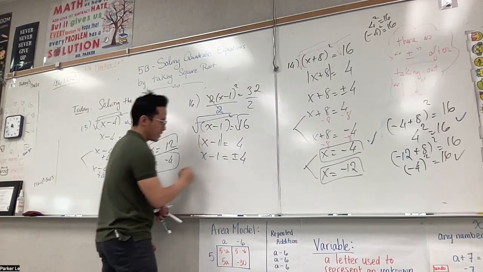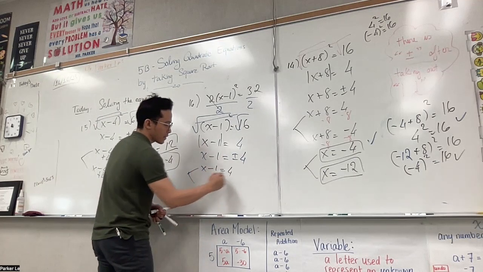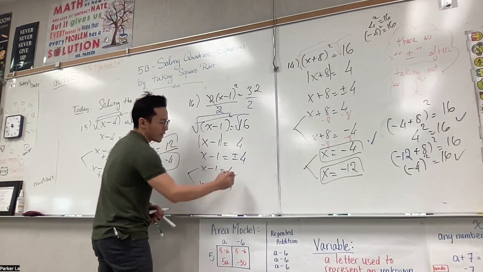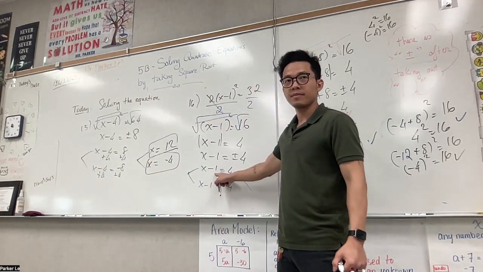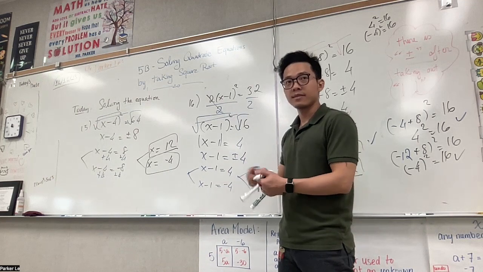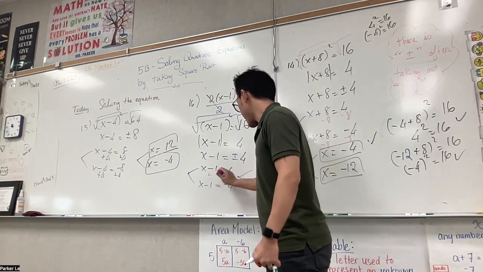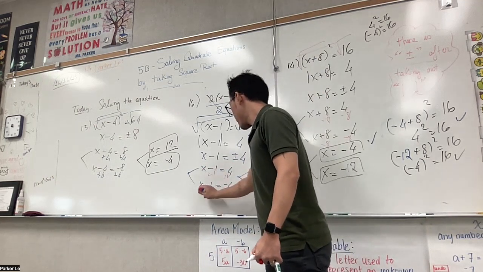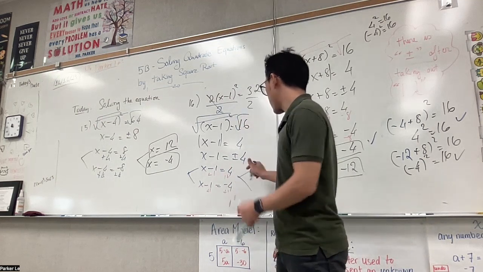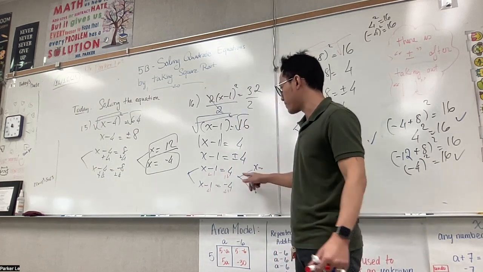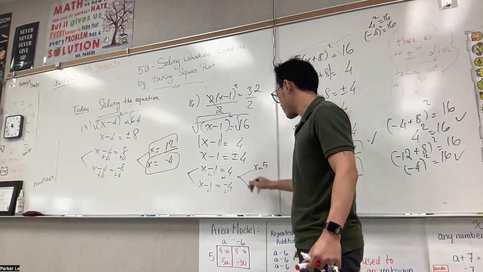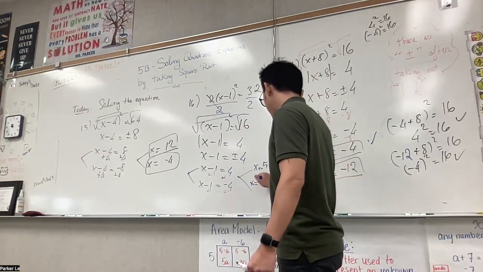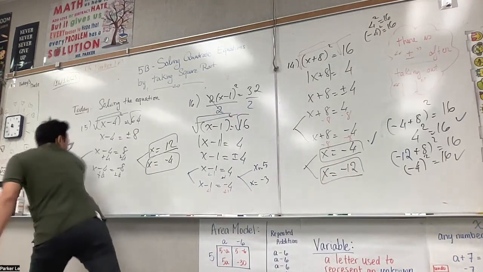Plus minus. Right. Now how can you solve this? Add 1 to both sides. Okay, so x equal to what is 4 plus 1? 5, and then the other one x equal to negative 3. Very good. 1 for Sabrina.